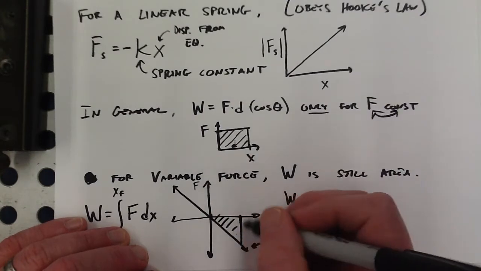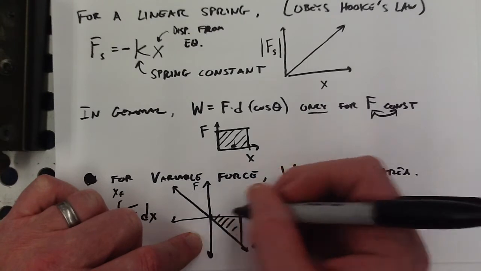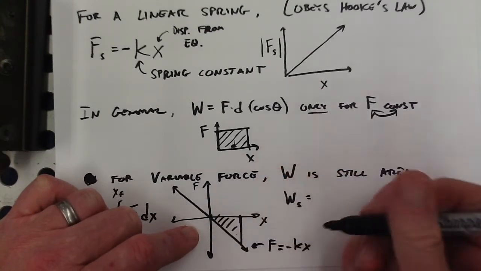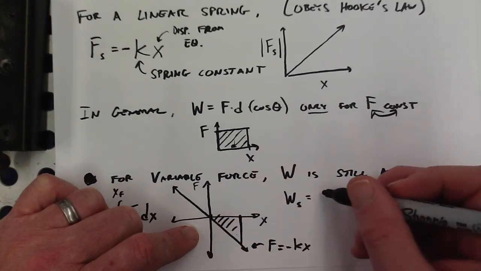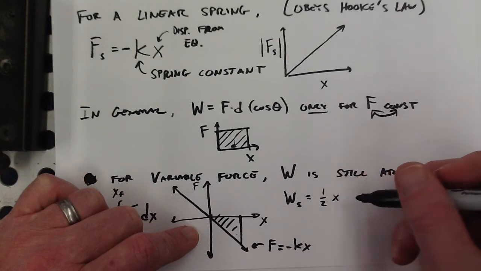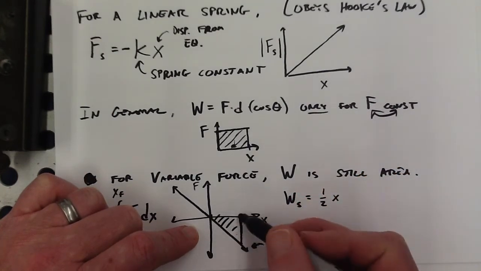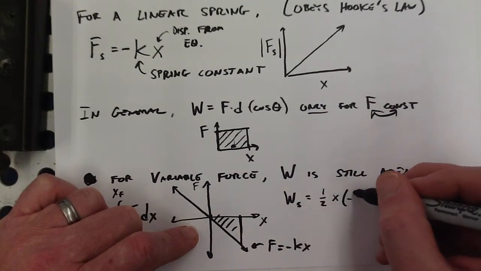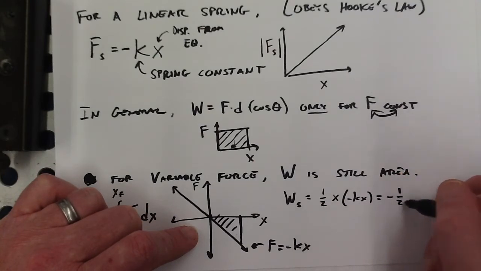Okay, so what's the area of this little triangle here? Well, let's see. That's 1/2 base times height. So let's see. The base here would be x. So 1/2 base. And then this would be like f, but f is equal to negative kx, right? So if I've gone over x, then this is like negative kx. So that's negative 1/2 kx squared.